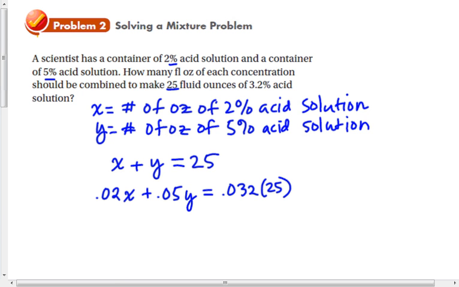So that can just be simplified to 0.02x plus 0.05y equals 0.8.